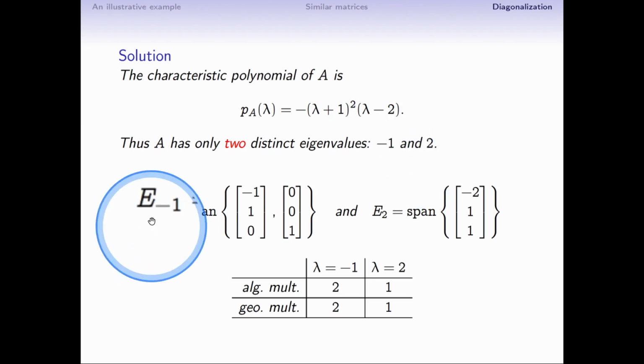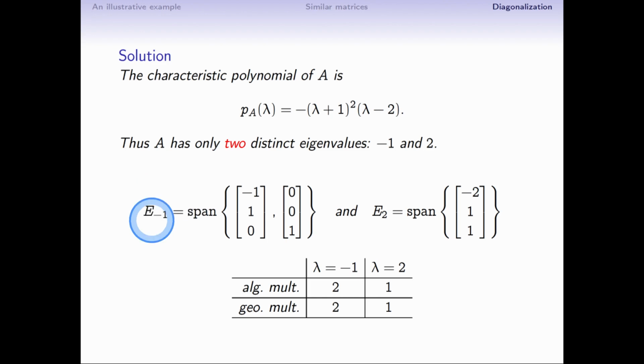Now, when we examine the eigenspace corresponding to the eigenvalue of -1, we find that it has dimension 2. There are 2 linearly independent vectors that span the eigenspace E sub -1. Likewise, when we look at the eigenspace associated with lambda equals 2, we find that it has dimension 1. It's spanned by this single vector.